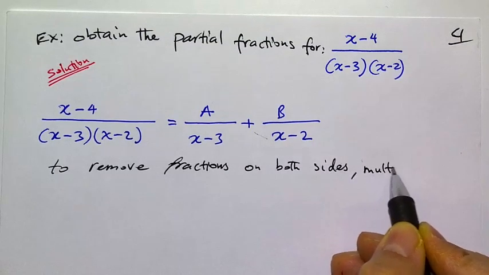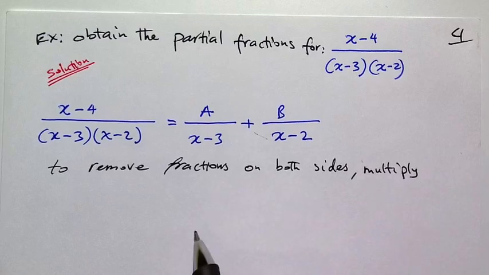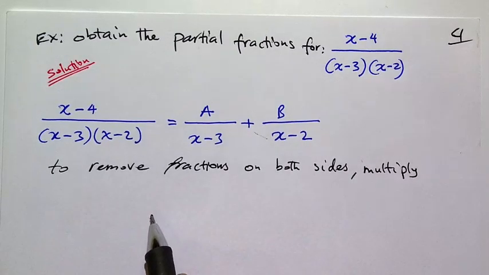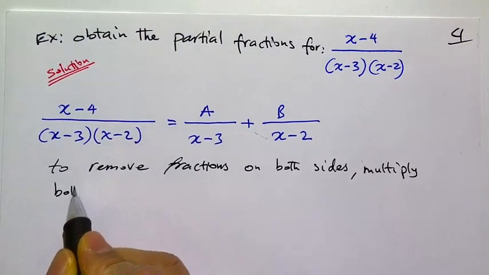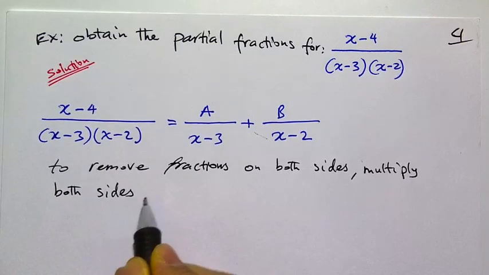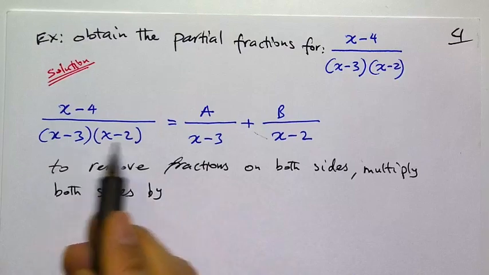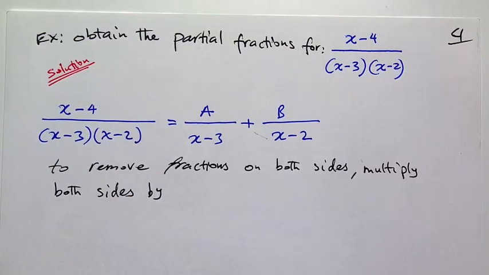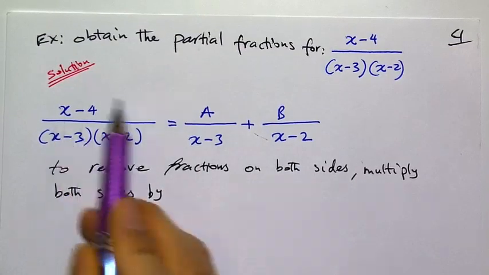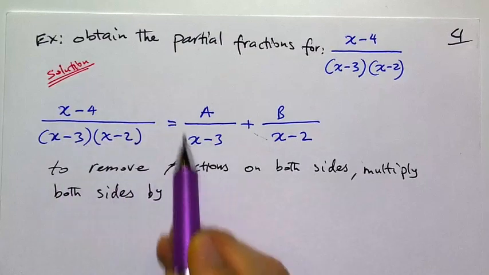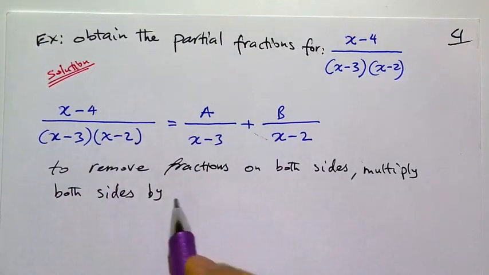you've done this before previously, but we're going to have to do it here for a different reason, right? We're finding the partial fractions, so multiply both sides by this denominator. Because we know that if you multiply both sides by this, it will clear this fraction, as well as that one.